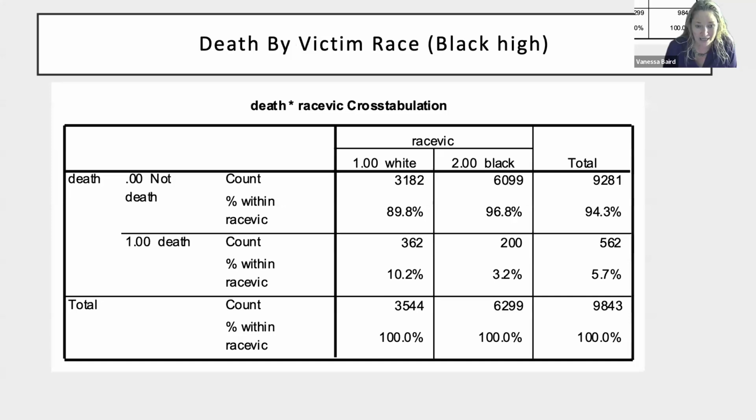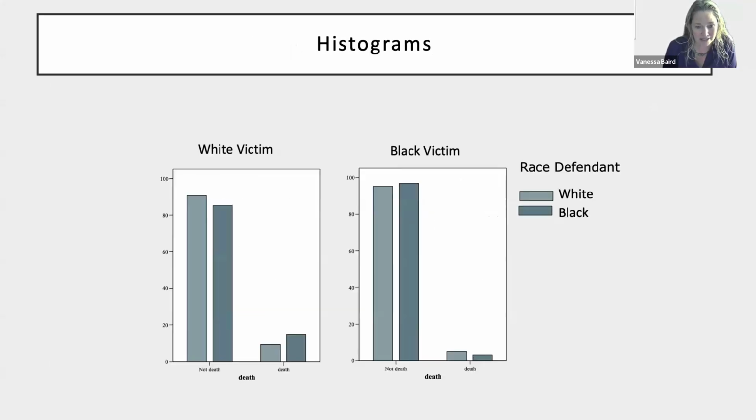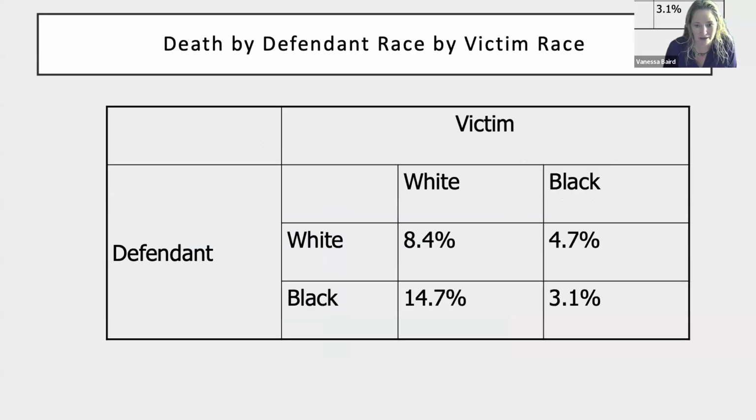So once you account for the race of the victim, now when Black people kill white people, they're way more likely to get the death penalty, 15 times more likely, than white people who kill Black people. Look at that.